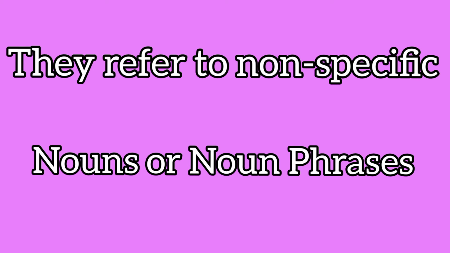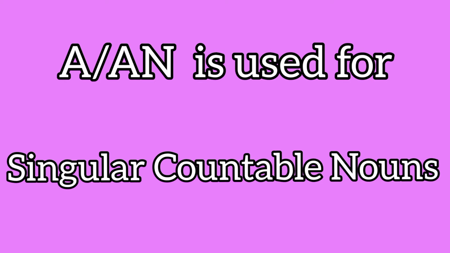In short, a and an are indefinite articles that represent one non-specific, non-particular person or a thing or a place.